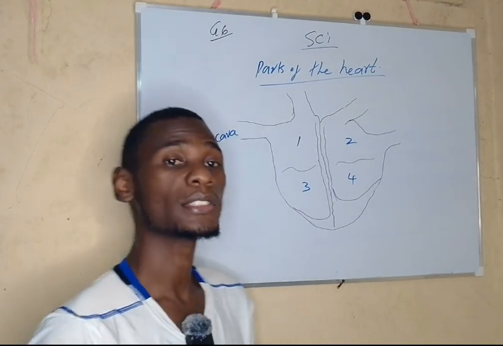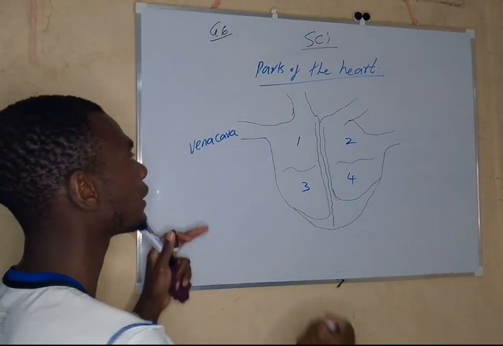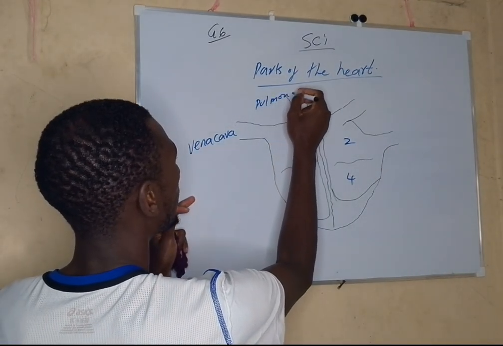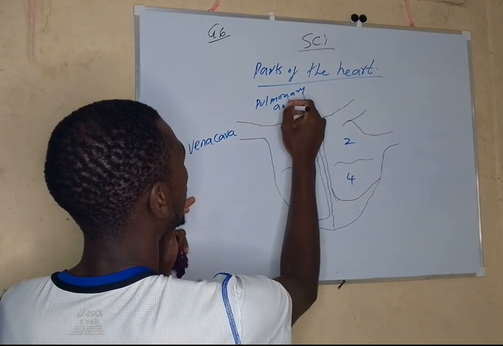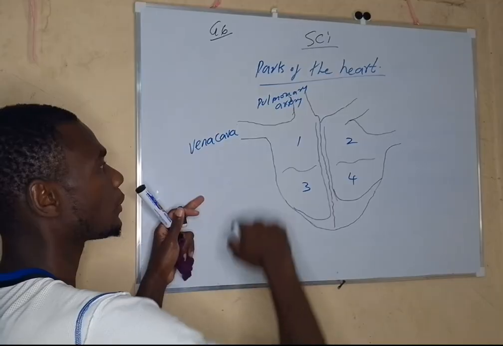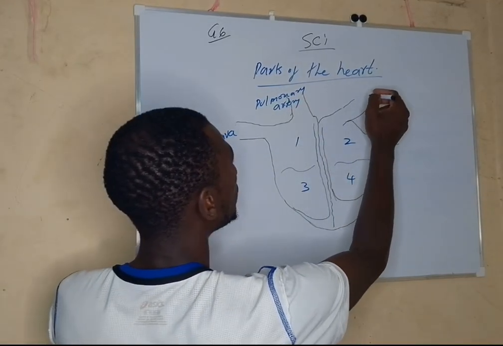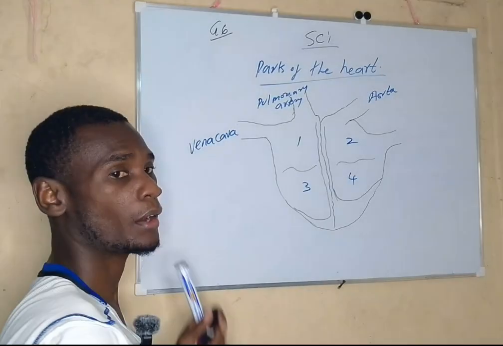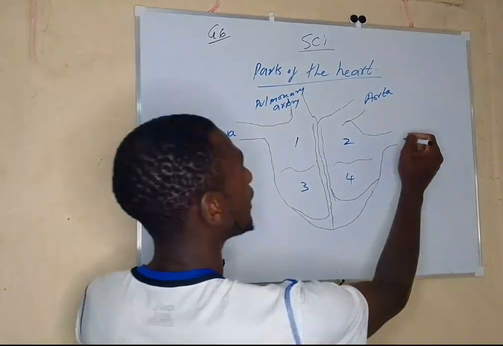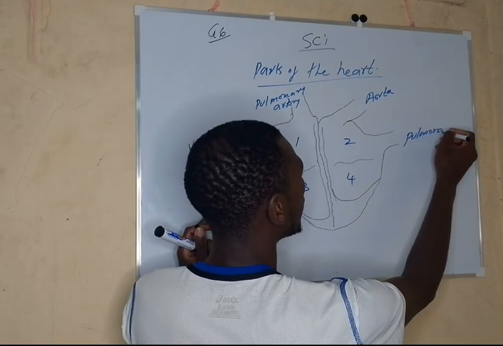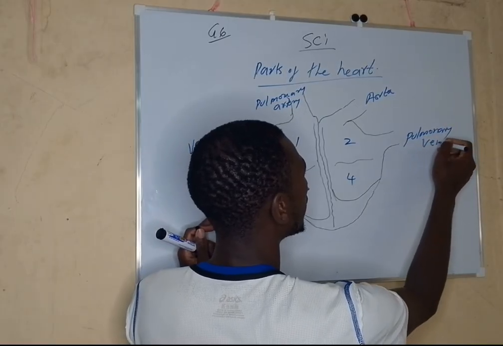That next part is called the pulmonary artery. That is this part here. Then from the pulmonary artery, you move to the aorta. Then there is another one here, the pulmonary vein.